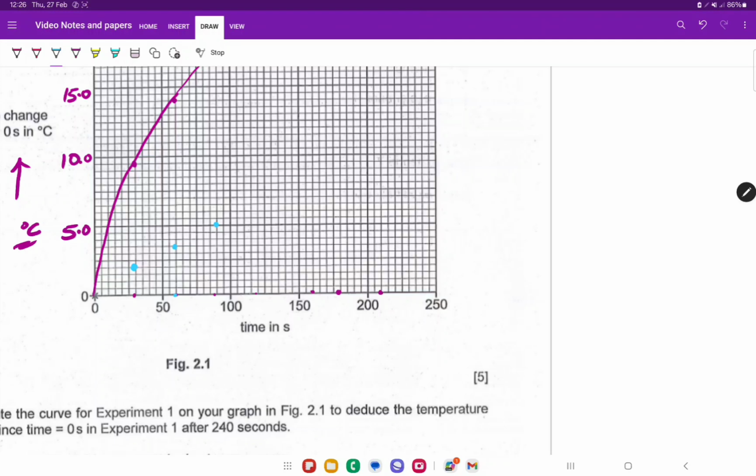Time 120, the difference is 5 and 1, 6. This is time 120, and the difference of 6. Now at time 160, the difference is 6.5.